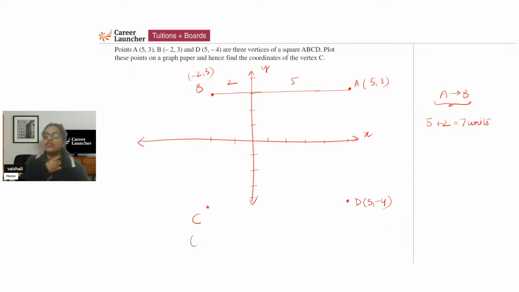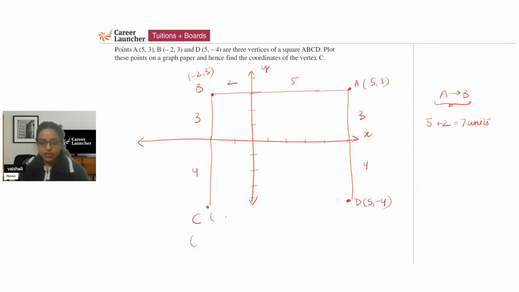So with a difference of 7 units, what do you think will be the point C? Quickly answer. Yeah, and what about the y coordinate? If you will see, it is 4 units from here and 3 units from here, so it is going to be a difference of 7 units. So 3 came from here and 4 will come from here.